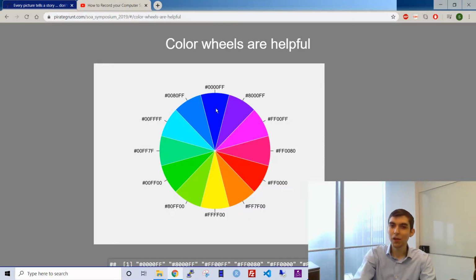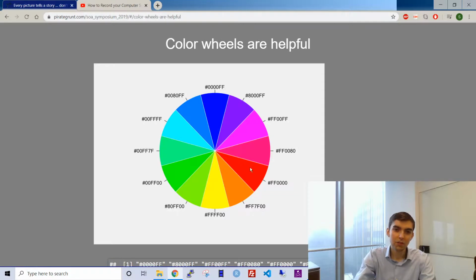Blue works well with yellow. Green works well with pink. Or like this teal color is complementary to orange. Or if you have a graph with say 3 points, and you want 1 point to be blue, then choose the other points to be green and red.